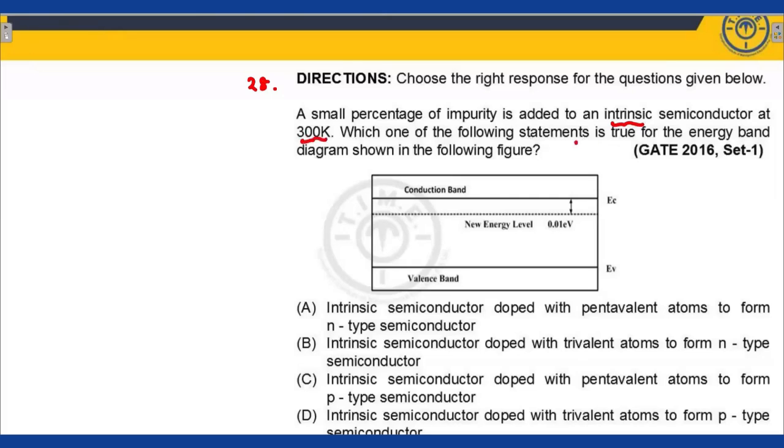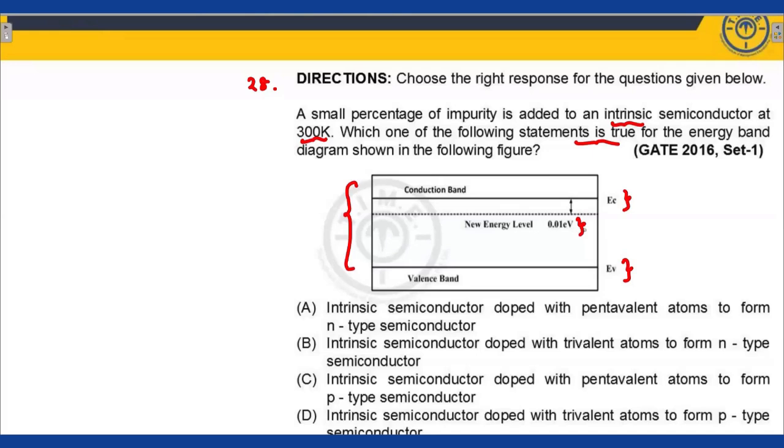Which of the following statements is true for the energy band diagram in the figure? Conduction band and valence band and the new energy level. This is the conduction energy level and this is the valence energy level. So here the new energy level is near to the 0.01. Here this is the new energy level.